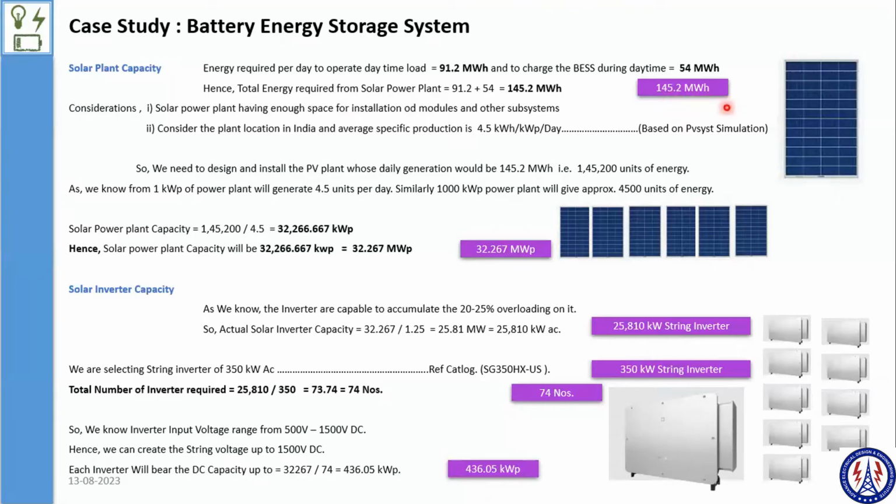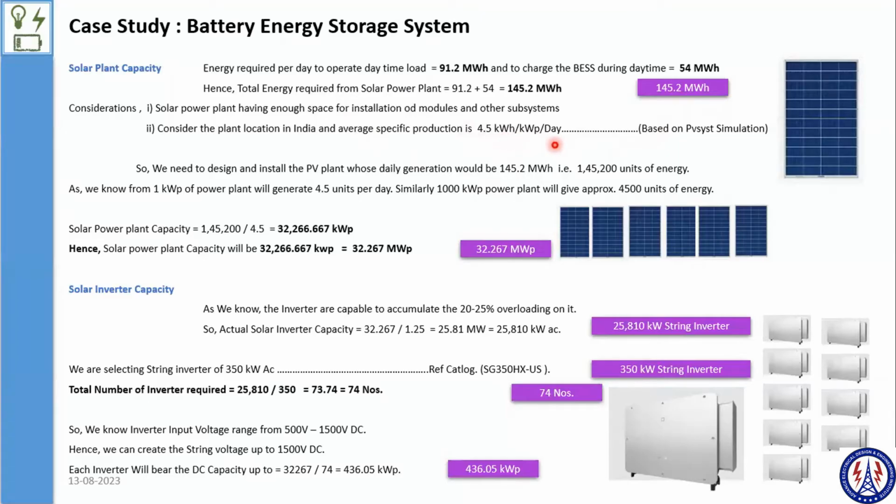What could be the plant capacity in your terrain? Can anyone suggest? Let's say for the Indian scenario, on average, for the specific production, I ran this PV system simulation. I refer that 4.5 kilowatt hour per day per kilowatt peak is my generation.